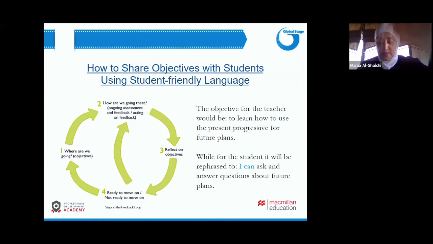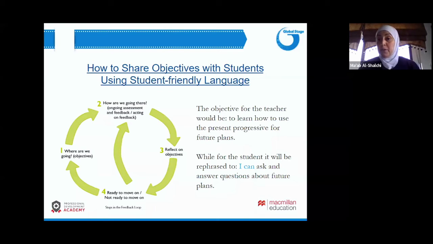This page that you see in front of you has come out of the handbook, the handbook for assessment for learning that you have in the platform. And so you could go back to it and learn more about this.